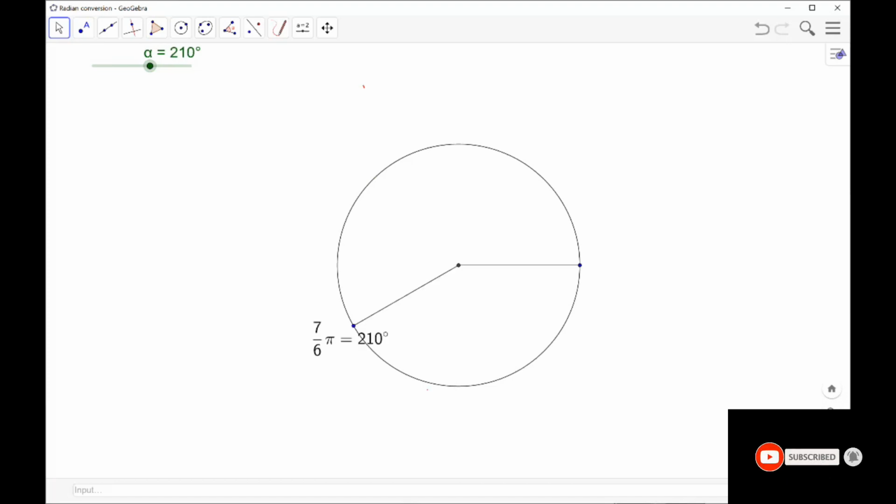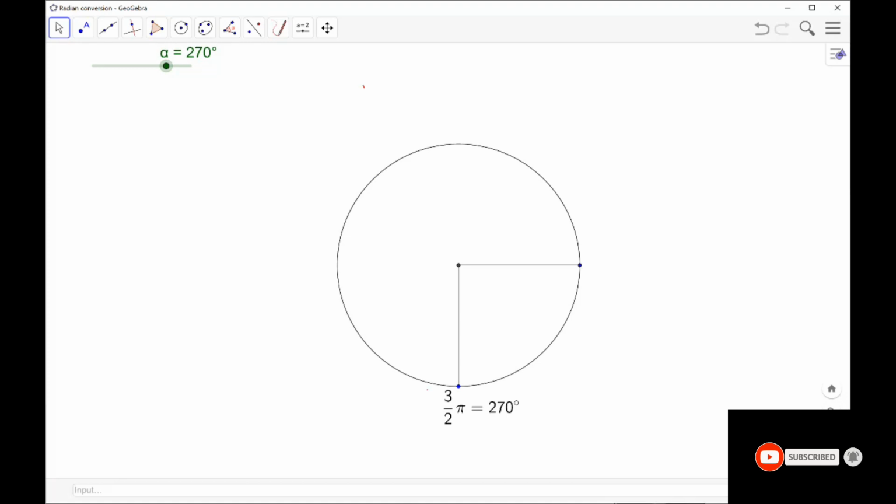We have our 210-degree angle, which converts to 7 pi over 6. We have our 225-degree angle, which converts to 5 pi over 4. Our 240-degree angle converts to 4 pi over 3.